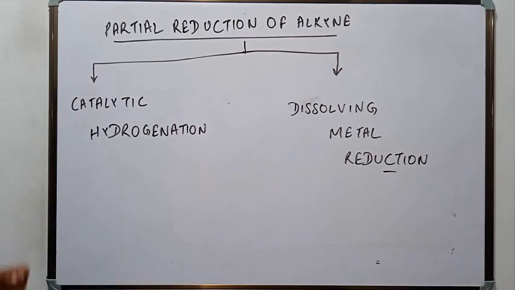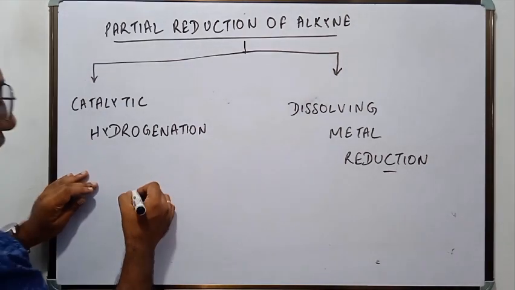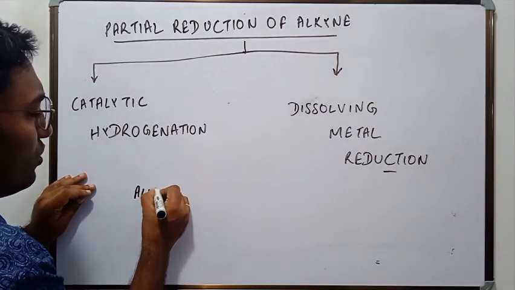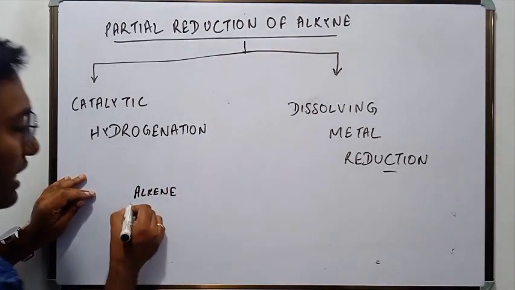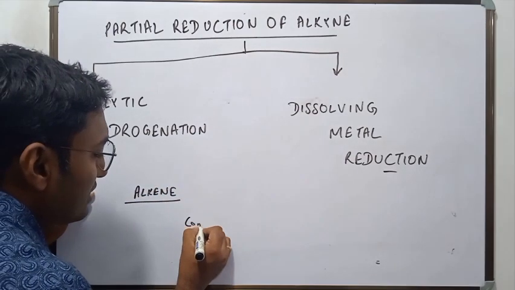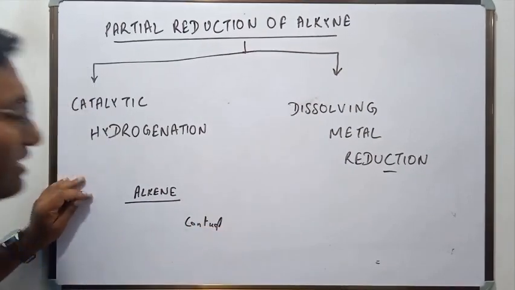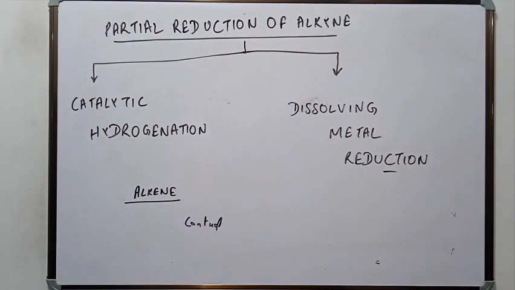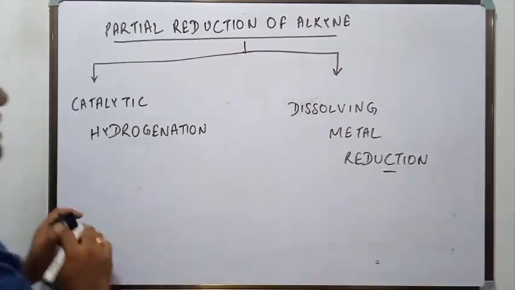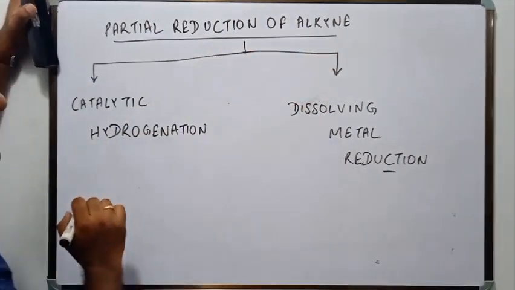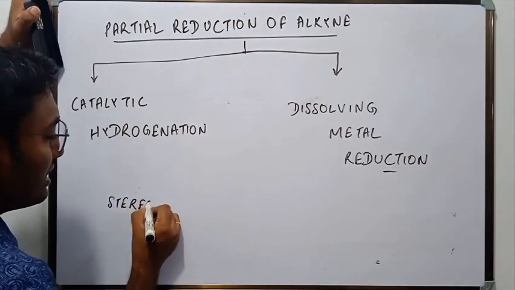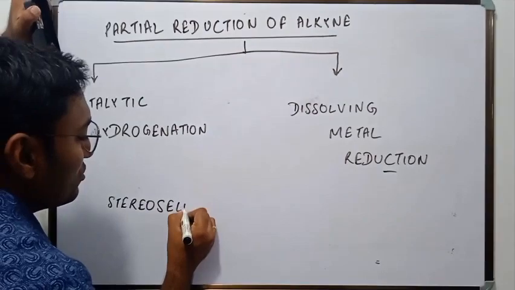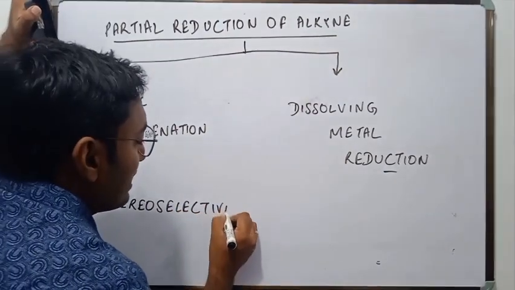Now I want to add that not only will you get an alkene, but you can have control over the geometry of the alkene. The partial reduction of alkyne is also called stereoselective reduction.